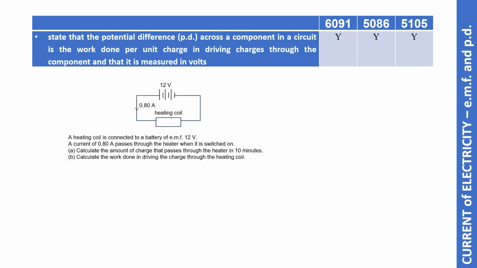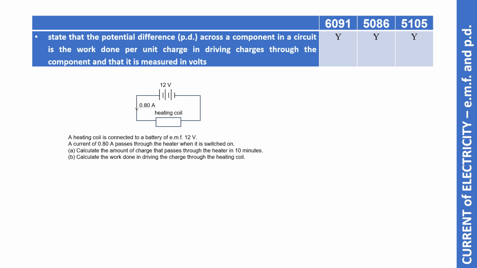We have learned about e.m.f, electromotive force, which is, in simple terms, the voltage across the power source or the battery. Now we are going to learn about potential difference, which is important for both pure and combined physics. This potential difference is actually the voltage across the components, right?